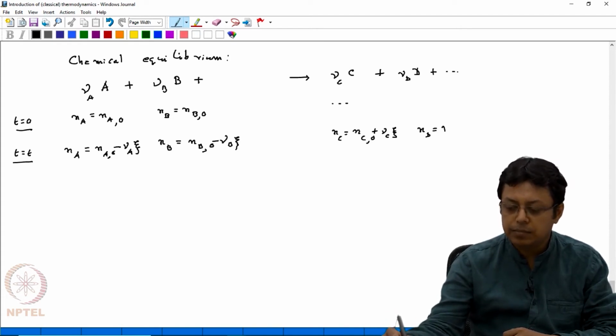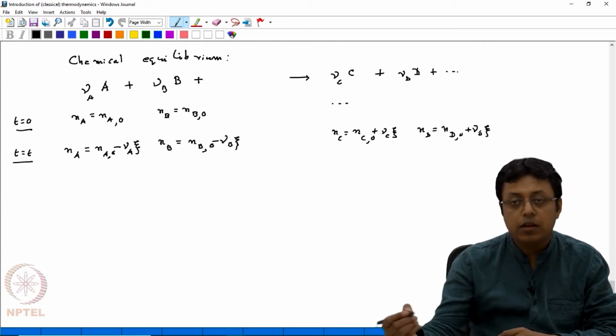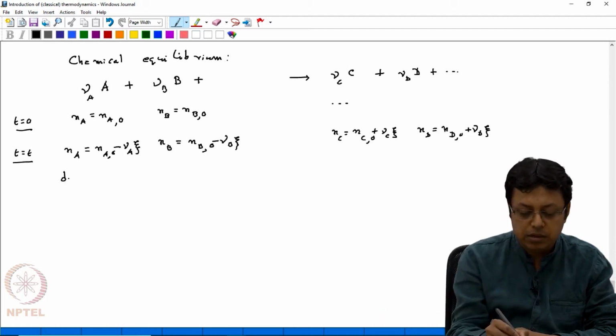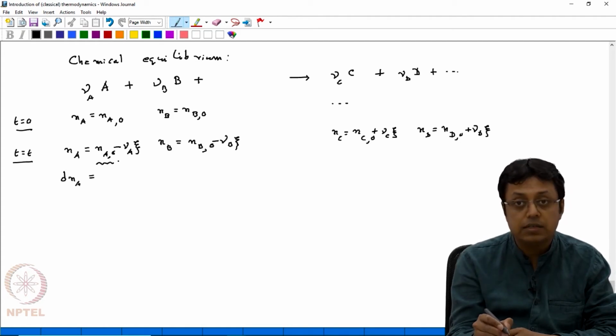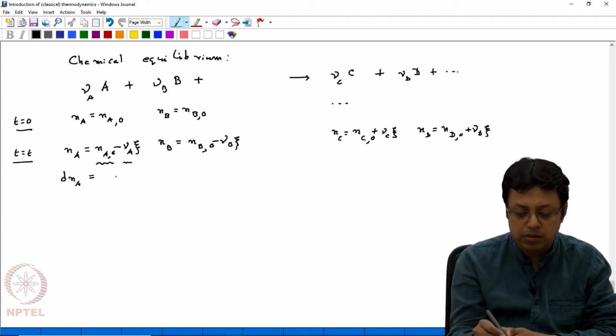So with respect to time, they actually accumulate, and we'll have Nd0 plus nu D into xi. Now if you take the differential dNa, look at it here carefully. Na0 is a constant, nu A is also constant. So it will be simply minus nu A into d xi.